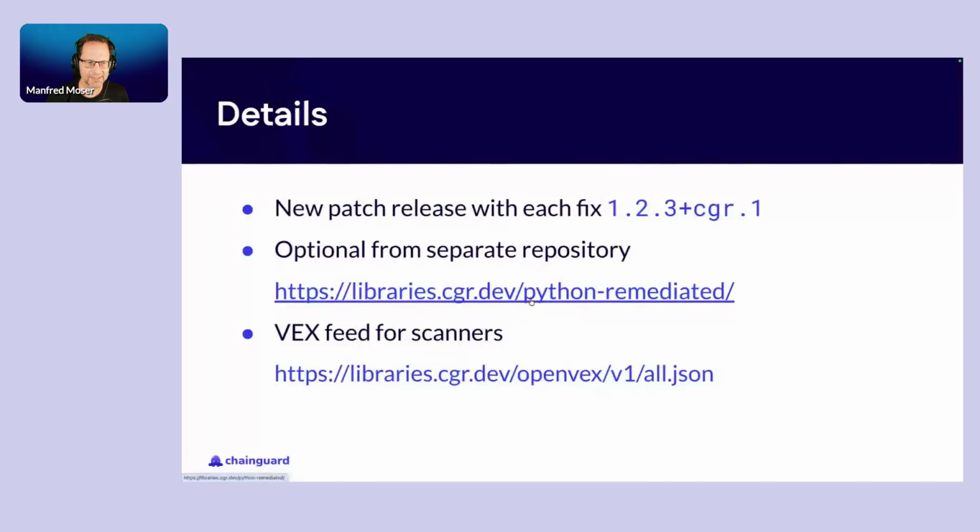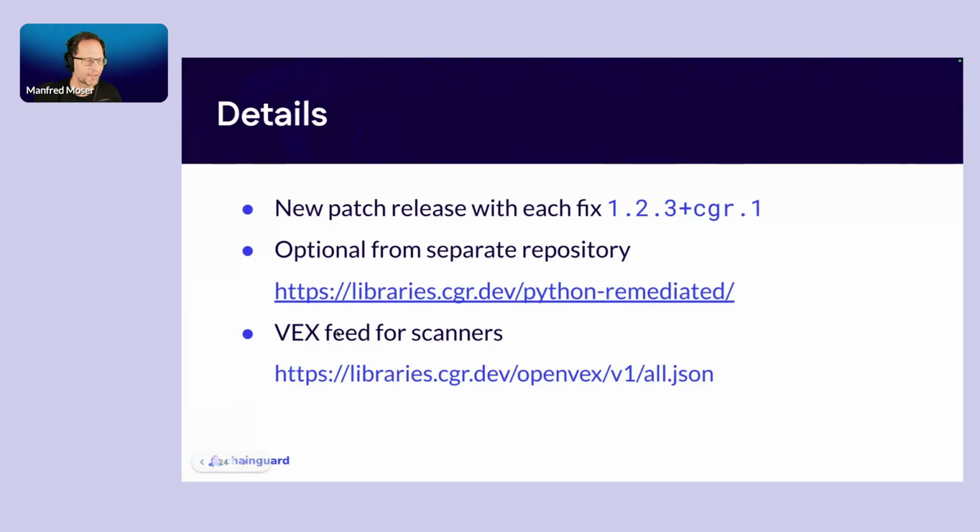The reason we do that is so it's easier to find them all, and it's also easier to opt in and out, right? Like if you don't want to have any of those remediated libraries in your list of available things to work with, then you just don't proxy that repository. That's it. So it's pretty easy in both cases.